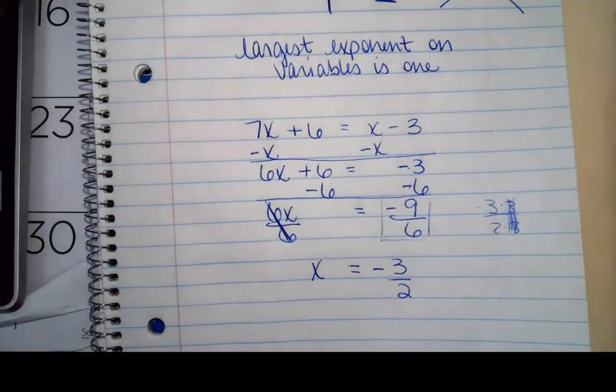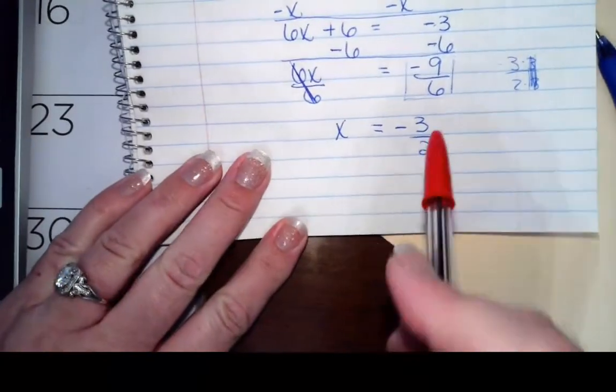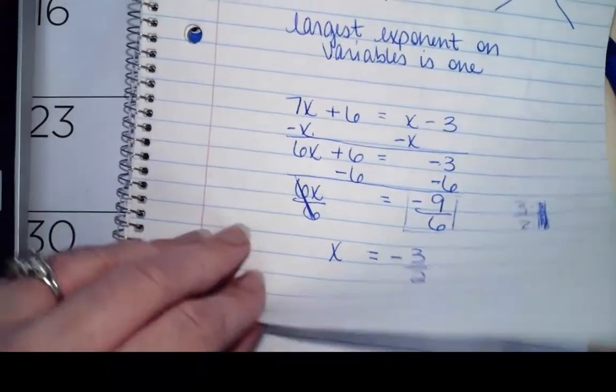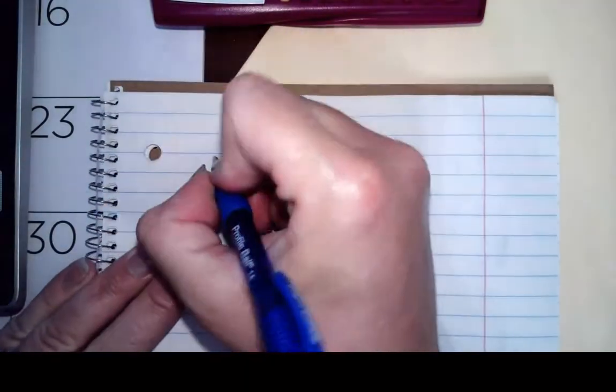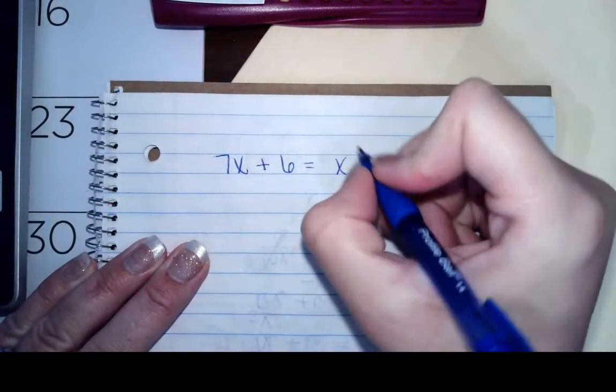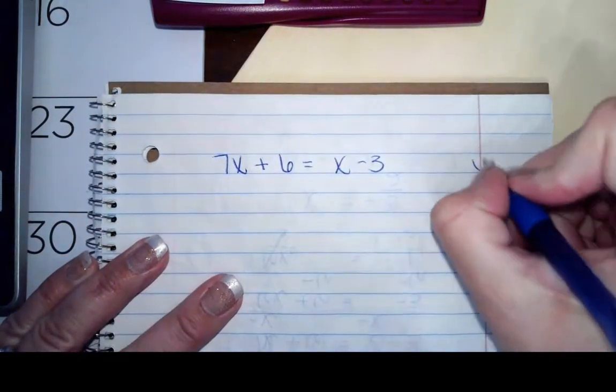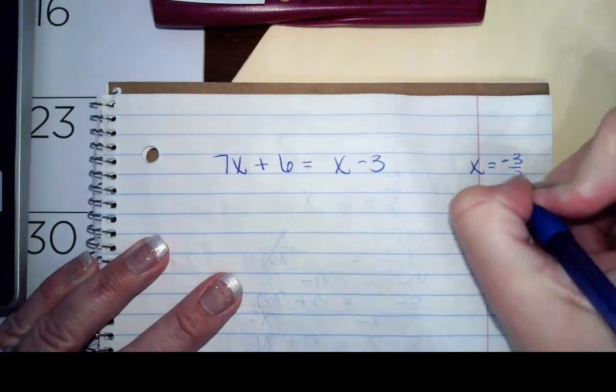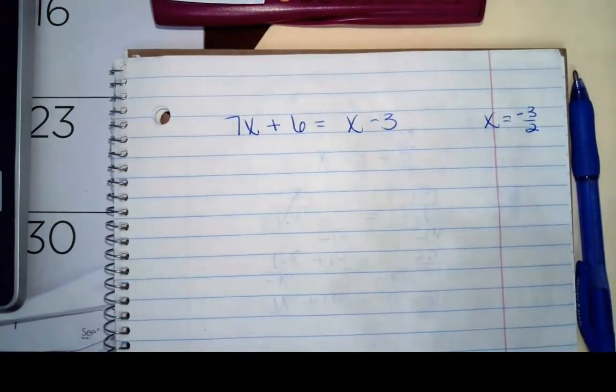Okay, so this is why I said I'm just going to do this once. That's my answer. So I am going to rewrite this problem, and we're going to substitute in that negative 3 halves. So I have 7x plus 6 equals x minus 3, and we just found out that x is negative 3 halves. So I'm going to check my work.